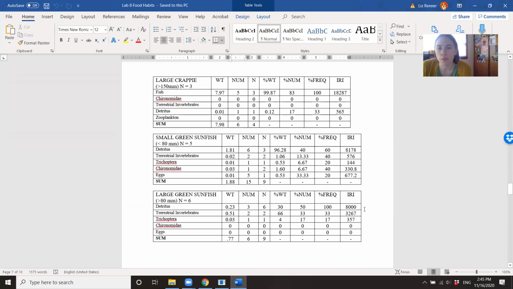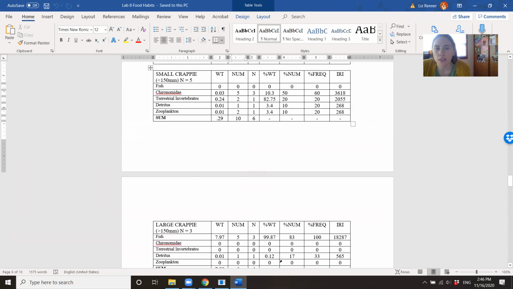Versus over here, we've got IRIs for green sunfish of 8,000, 3,200, and 3,500 compared to 8,000 again for detritus, so pretty close. Way off on the terrestrial invertebrates between the small and large, so we see that difference.